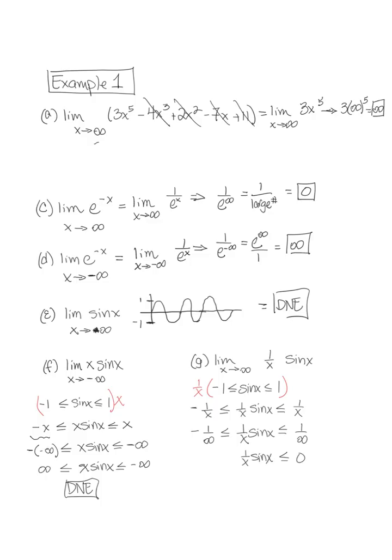Now over here on the other side, I still have 1 over something very large. So that's still 0 times negative 1, which is still 0, isn't it? So over here, this would also be 0. And since these two things, boom and boom, are the same, your answer is 0.